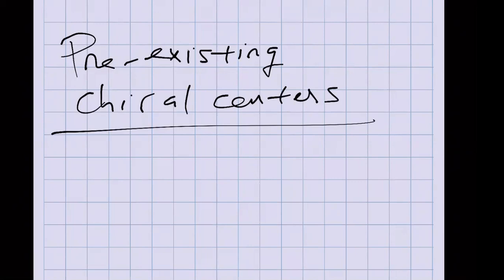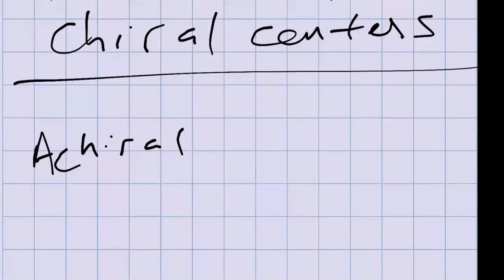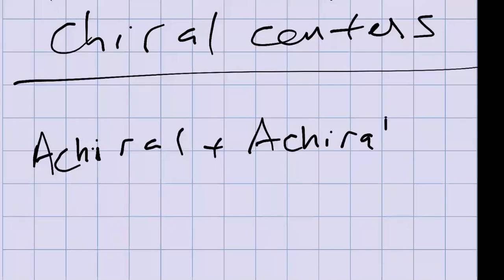I think I mentioned this when we first started talking about this, about when you do a reaction with something that's chiral, and I said that if you take two things that are achiral, you get what's called a racemic mixture.